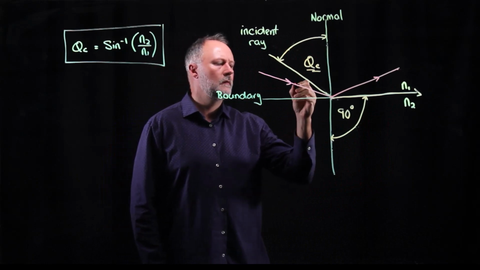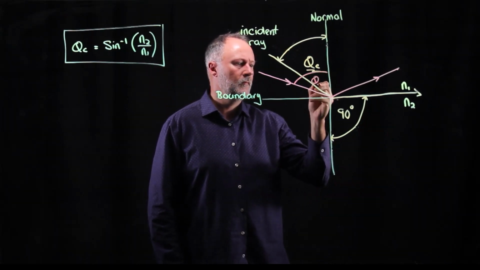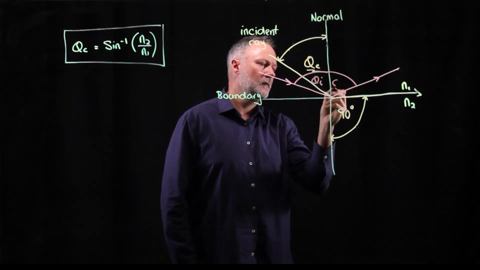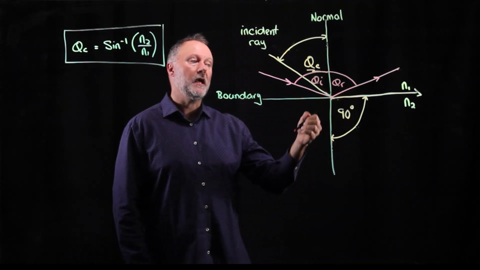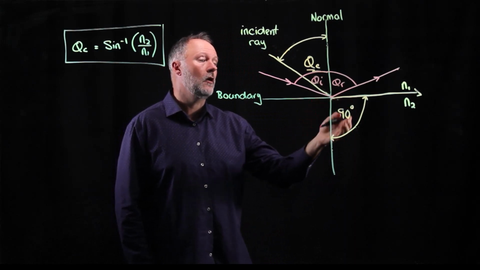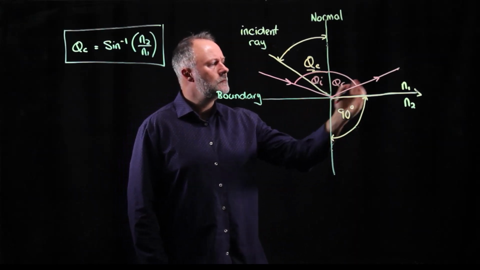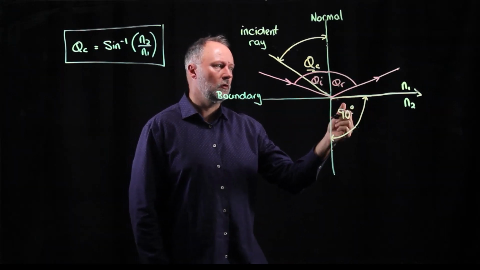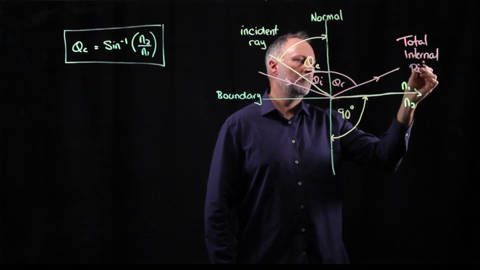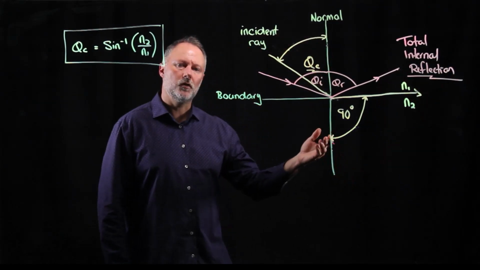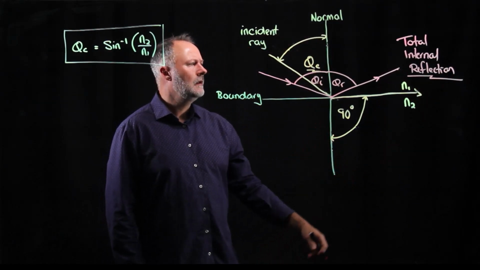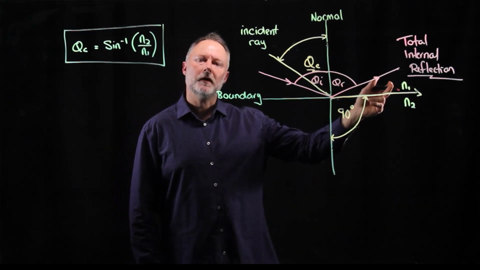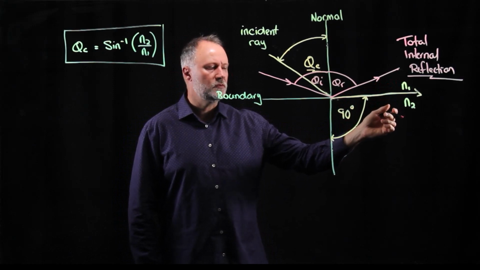In this case, the angle of incidence is equal to the angle of reflection rather than refraction. This process where the incident light never enters the second medium is called total internal reflection. Once again, this process can only ever occur if n1 has a refractive index that's greater than n2.